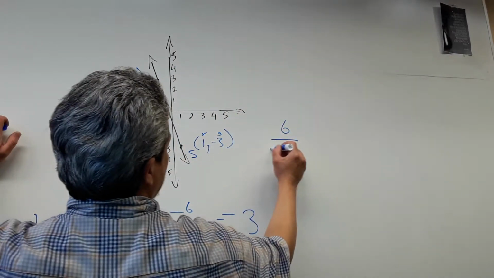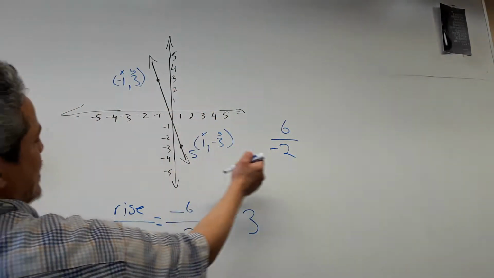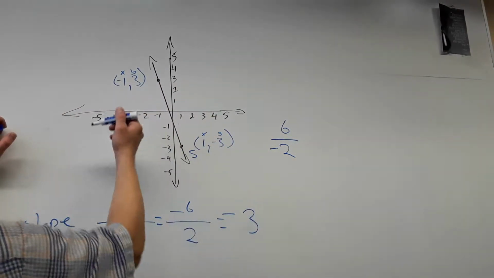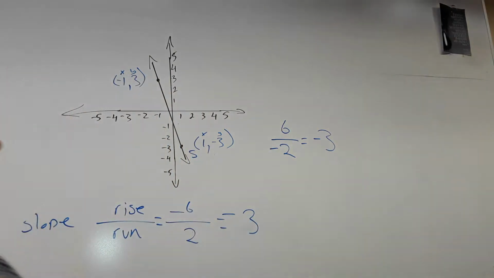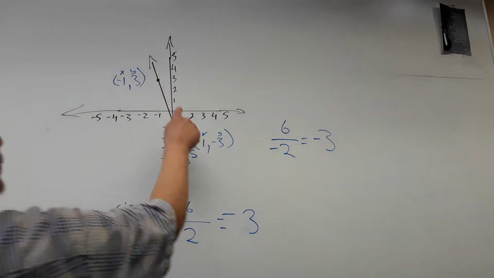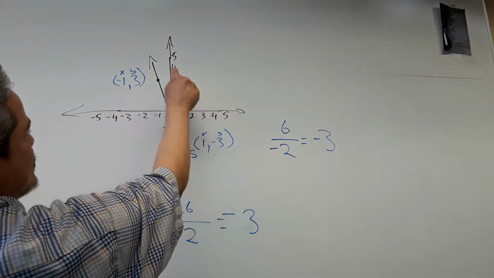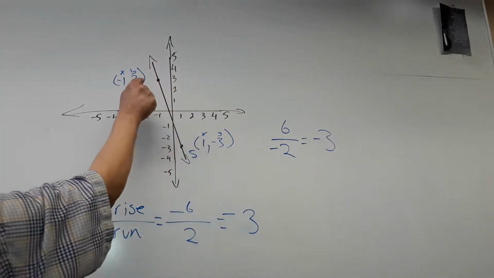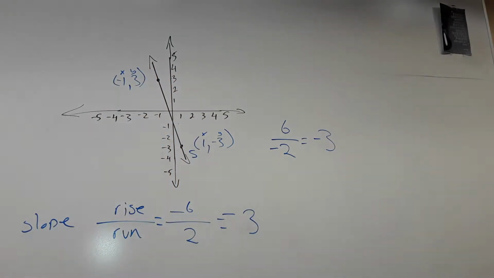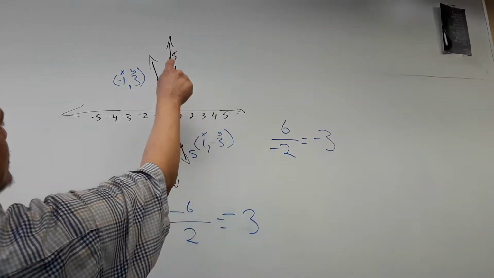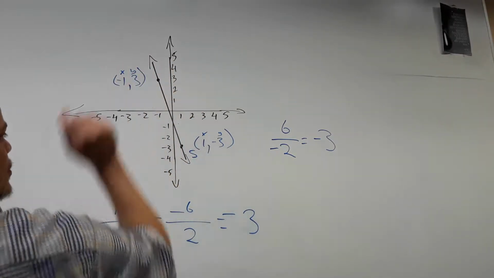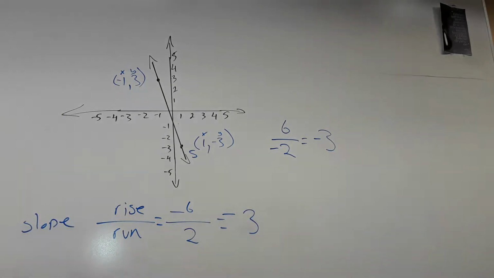That's a negative run, because it's to the left. So this is also negative 3. Just the mistake I made. If you're at 1, you have to go from 1 to 0 and then from 0 to negative 1. It's good that I made that mistake, so we learn from our mistakes, and you make sure that when you're at 1, you go from 1 to 0 to the number. Very good.